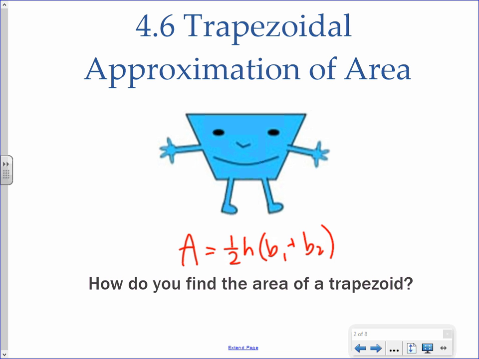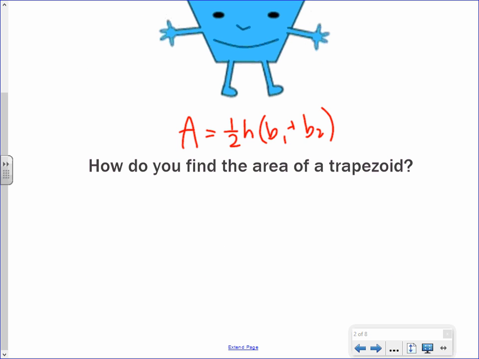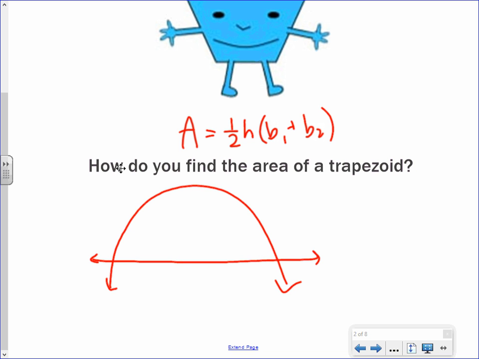Let me draw you a picture to the best of my ability here. So let's say we're finding the area under this curve. If we split this up, then for our trapezoids, we would use the left endpoint and the right endpoint, and connect those to make a trapezoid.